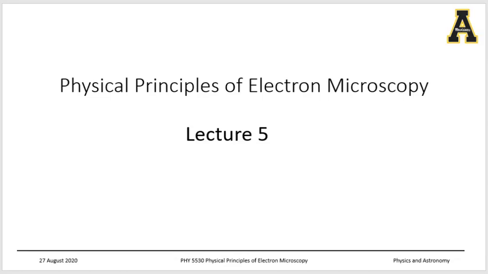Hello everybody. So today we are going to continue where we left off in the last class, which is our discussion on aberration and how it can affect the quality of the image that you're trying to acquire.